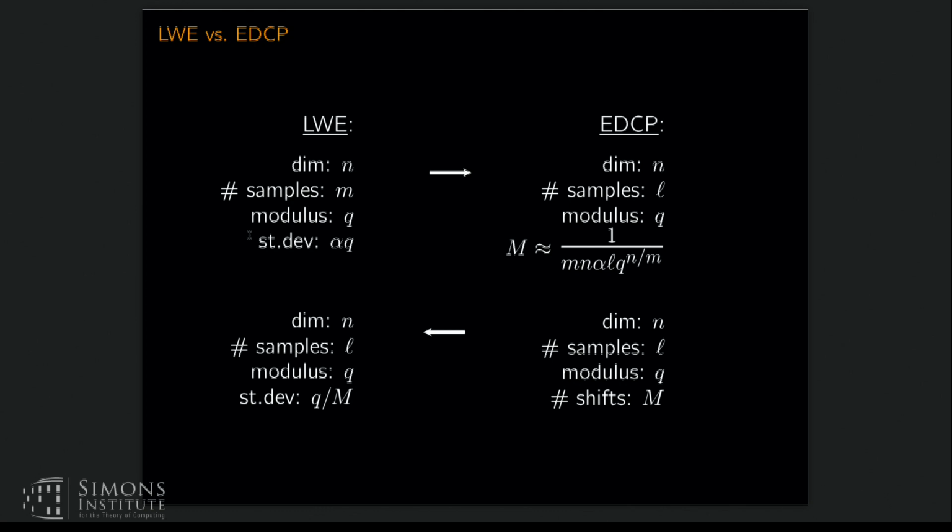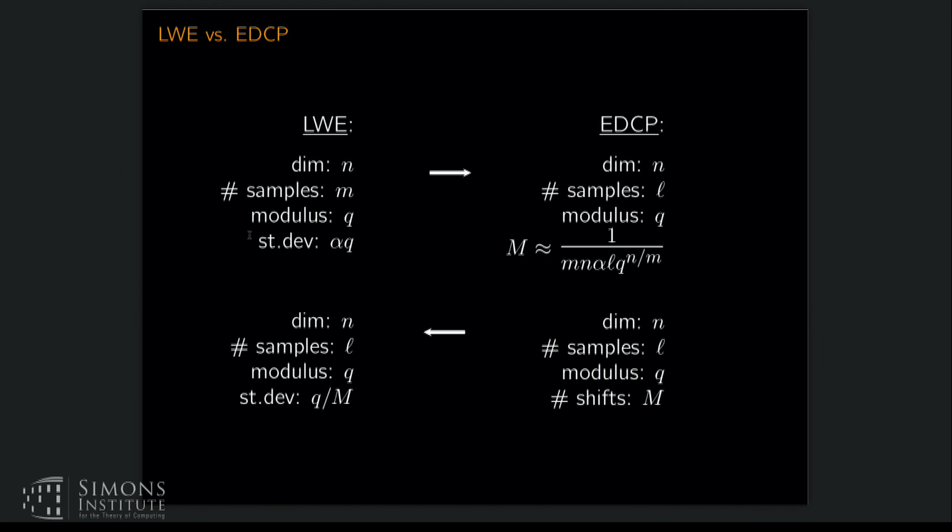If you have fewer shifts, the standard deviation is big, and here I'm hiding constant factors. There are constant factors everywhere. I think even here there's a square root of m needed for the number of shifts to make the reduction correct. So okay, here we have a lower bound on m, because if m was 2, we could have gone from DCP to LWE, but we are not there. So m should be at least square root m.